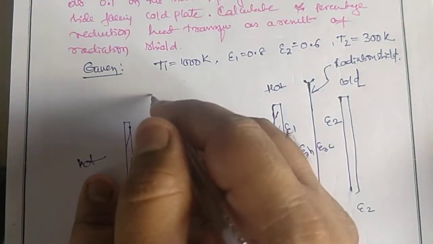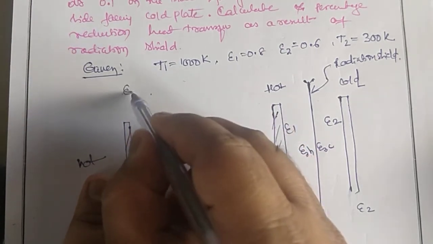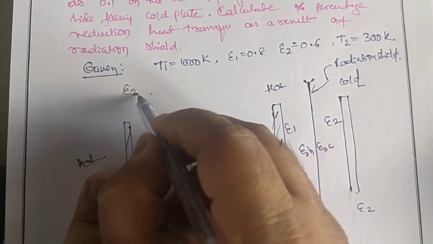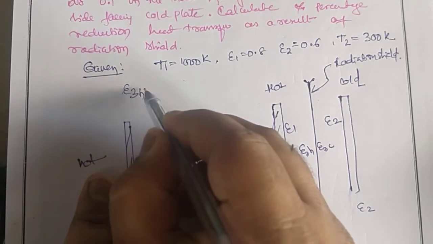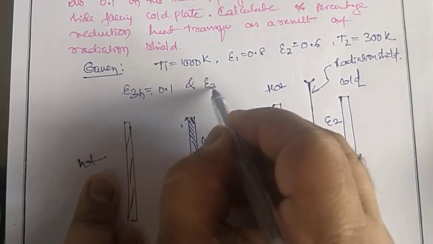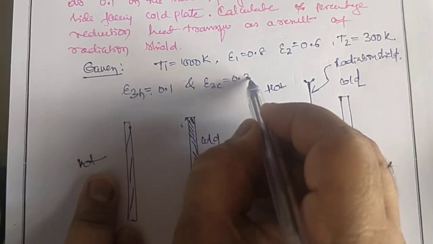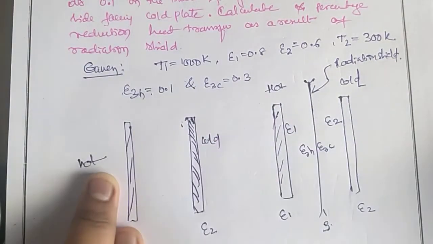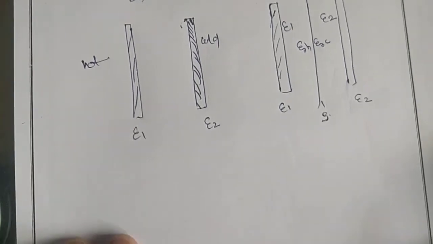The emissivity of the shield at the hot side, epsilon 3H, is given as 0.1, and at the cold side, epsilon 3C, is 0.3.